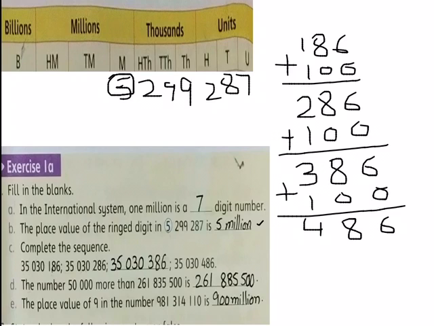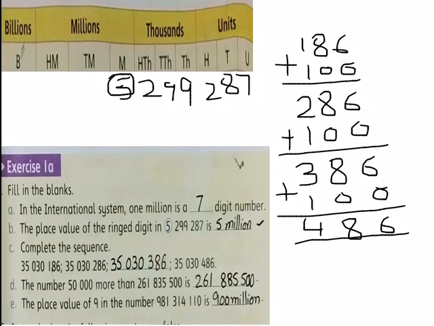And the next part: 50,000 more than 261,835,500 is. Students, more than means add.